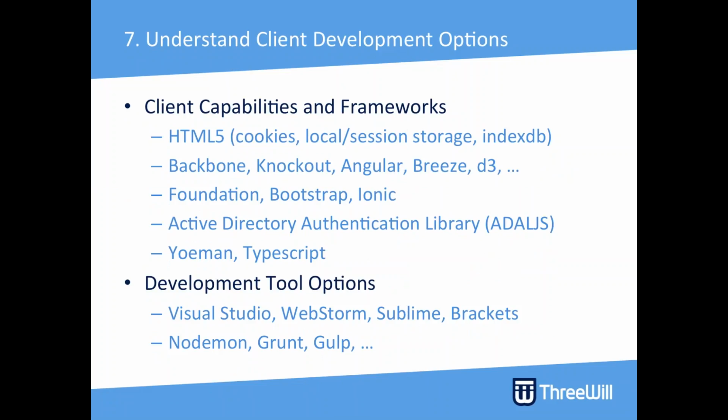The old web part postbacks and the old ASP.NET page model, you don't have to use that anymore. So if I'm going to consume services from Office 365, I need to know how do I use things like cookies, local storage, can I use IndexedDB to my advantage? How can I do those things? HTML is back, baby. I don't think it ever left. I think it just got a whole lot better in the last couple of years.